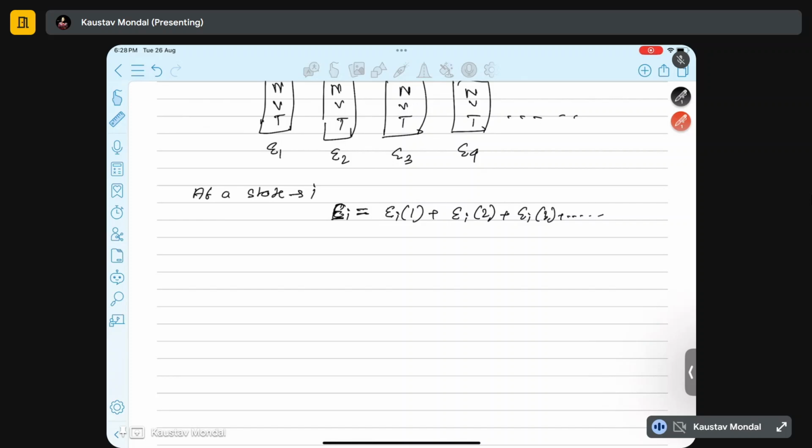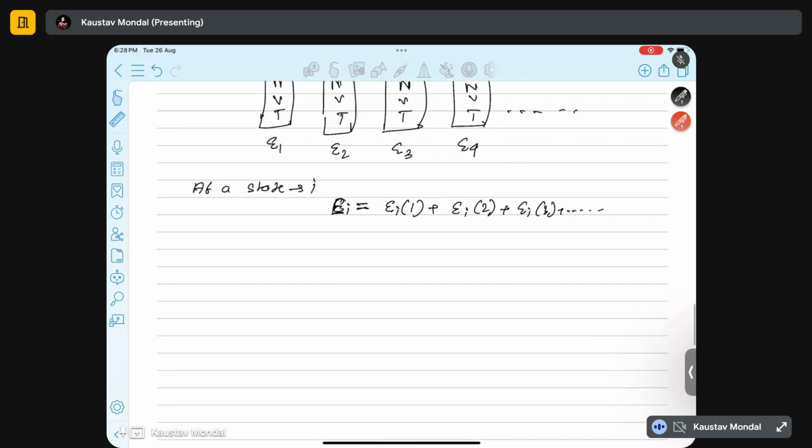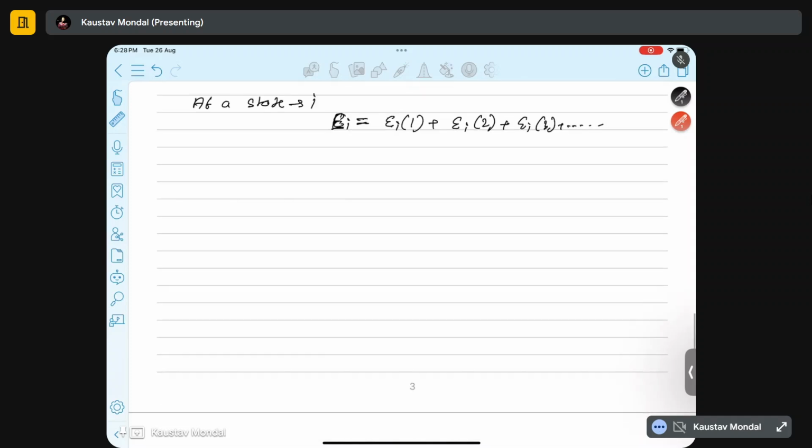This is for the ith state. Now from here you can calculate the canonical partition function Q. If you sum over all the possible states 1, 2, 3, 4, where here we considered a general state i, then you can easily calculate the total canonical partition function.